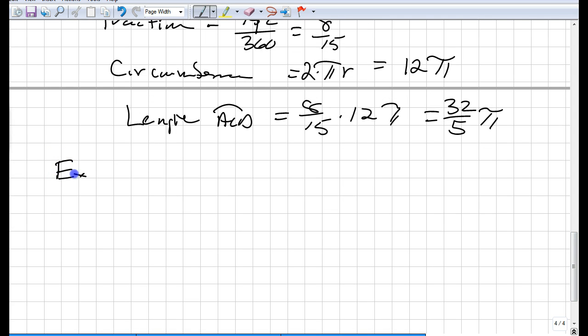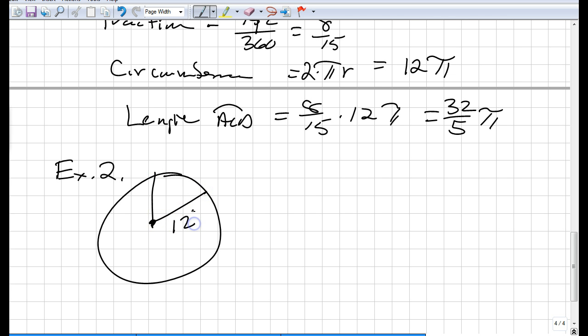Example 2. Given this circle with radius of 12, find the area of this sector. So find the area of the shaded sector. Well, first of all, we need the fraction. So the fraction is going to be 40 over 360, or 1 over 9.